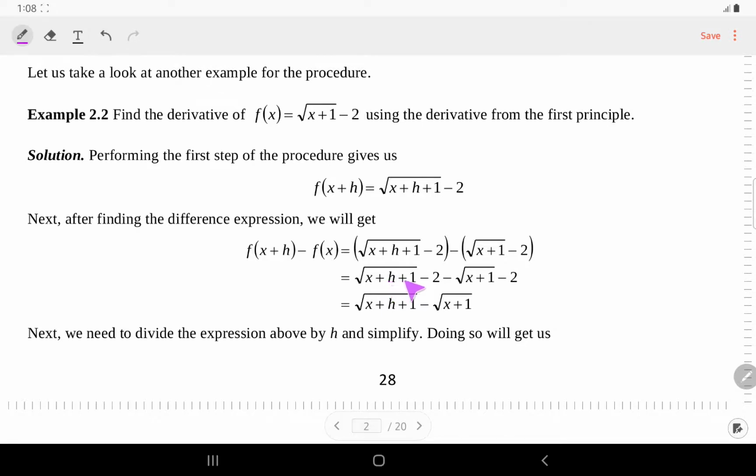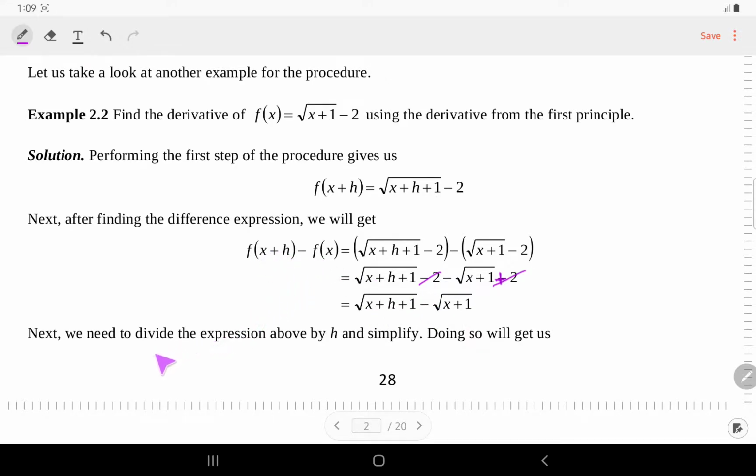Square root of (x plus h plus 1) minus 2, and then minus square root of (x plus 1) plus 2. Sorry, this is plus 2, because negative with negative will become positive. And then the 2 will be diminished. Kita dah boleh cancel out. Positive 2 plus negative 2 equals 0. So the remaining term is this one minus this one. This is our second step.